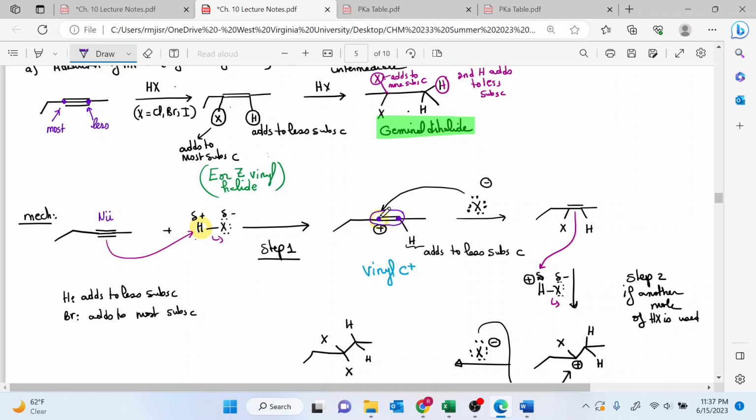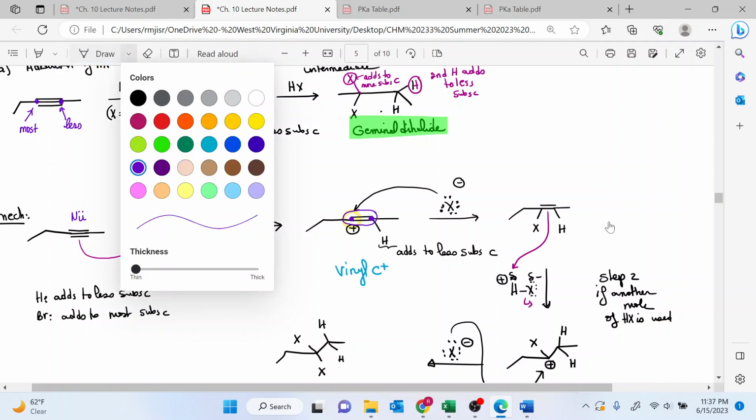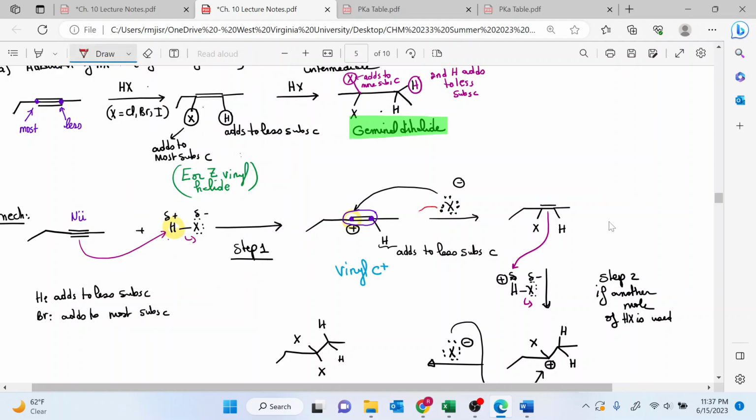When it attacks that plus charge, now you have a possibility of formation of stereoisomers in there. Don't forget, since the positive charge is going to be planar, then the X has two ways to attack. The X can attack either from the top or it's going to come and attack from the bottom.